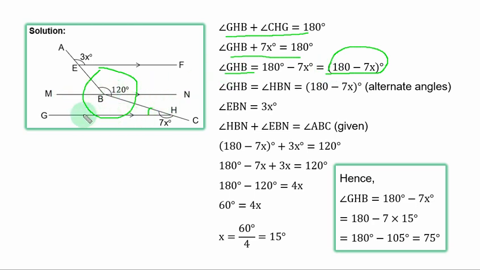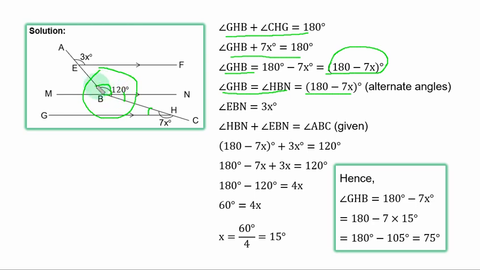Because MN is parallel to GH, this angle here is also equal to GHB. That is, GHB is equal to HBN. That is 180 minus 7s degrees, alternate angles. Now this small angle here is 3s degrees, corresponding angles.